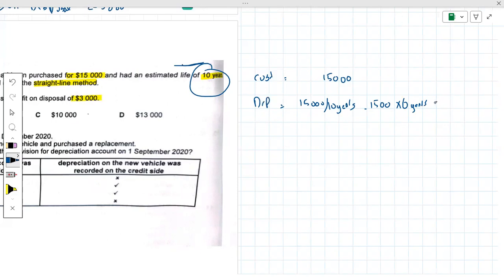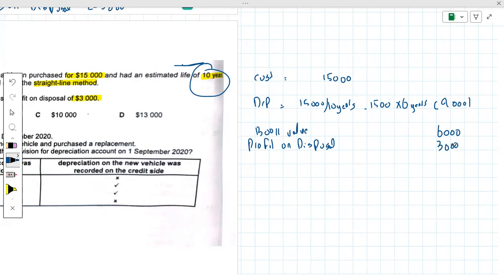So we have its total 6 year depreciation, which is $9,000. Okay, so it means that its book value is $6,000. Okay, and its profit on disposal was 3,000.